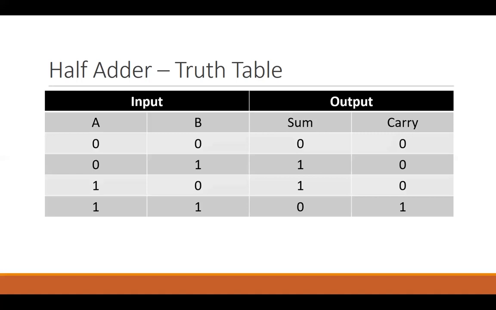So in the first row both inputs are 0, so we have sum and carry both as 0. In the second row, we have 0 plus 1, so the sum would be 1 and the carry would be 0. In the third row, we have 1 plus 0, so the sum would be 1 and the carry would be 0.